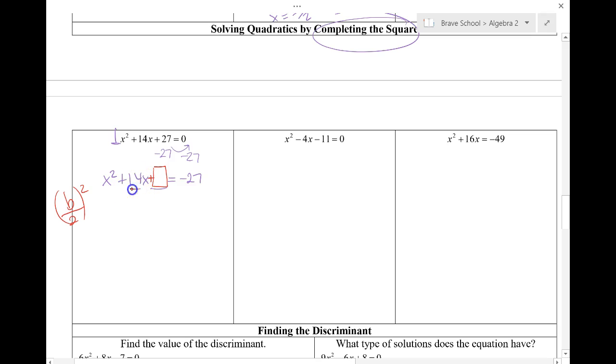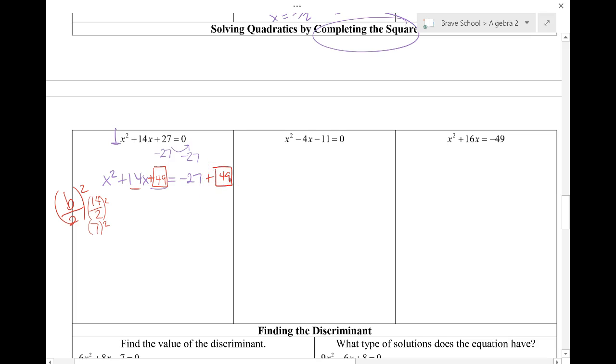The b here is 14, so it'll be 14 divided by 2 squared, and 14 divided by 2 is 7. 7 squared is 49. So 49 goes here. Now again, just like any other problem, if you add something to one side of the equal sign, you have to add it to the other. So we're going to do the same thing over here.